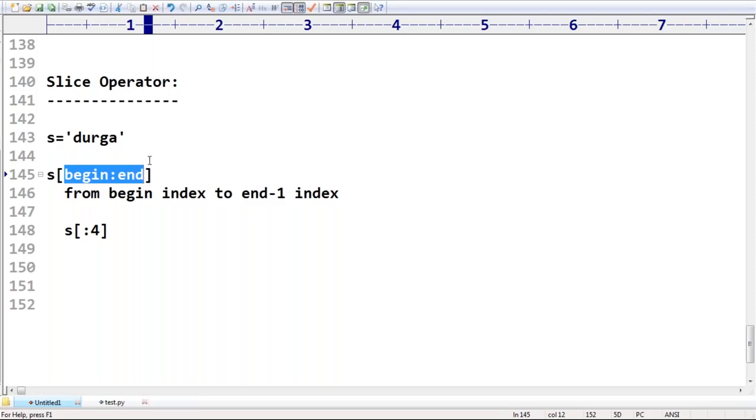But in the future, we are going to discuss one more thing: begin, end, and step. What is this one, sir? Step means how much increment you want. If you are not specifying anything, the default value is 1.